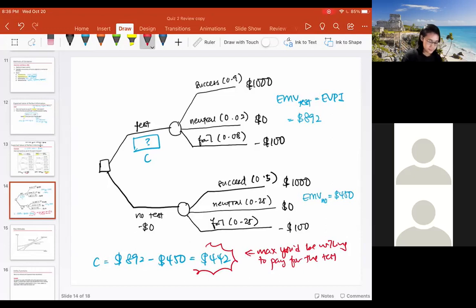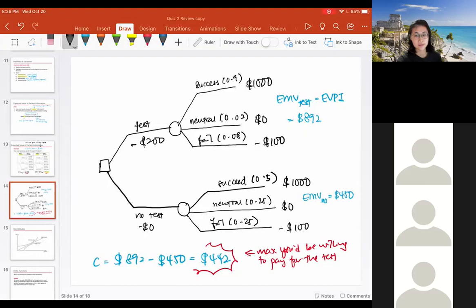But if the question gives you, say, -200, it can ask you, is it worth doing the test? In this case, yes, because your C is more than whatever the test costs. Does that sound like it makes sense to you guys? Yes, thank you. Okay, great.